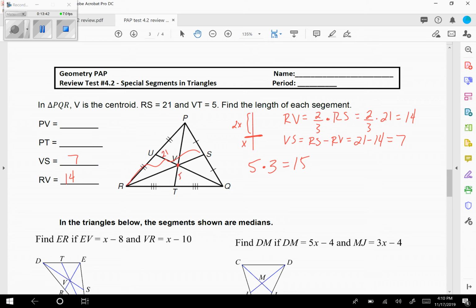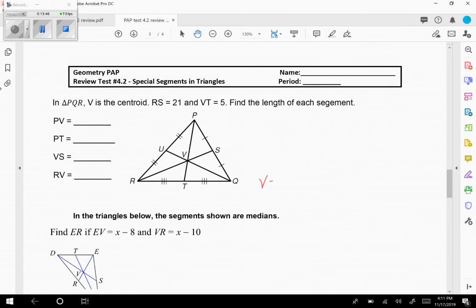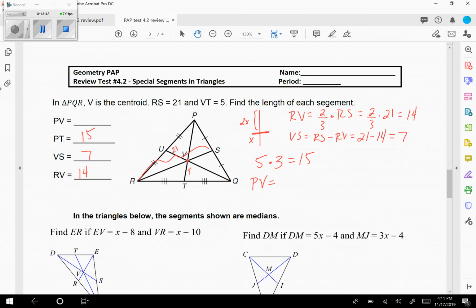So PT is 15. And then now PV would be equal to PT minus VT. So 15 minus 5, so it is 10. And again, the longer side should be twice the length of the smaller part there.